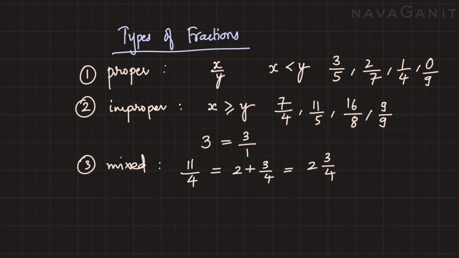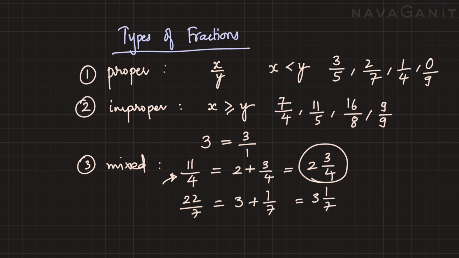So 11 by 4 is the improper fraction and 2 3 by 4 is the mixed fraction. Similarly, say 22 by 7. 22 by 7 is 3 plus 1 by 7. That is 3 1 by 7. So in general, an improper fraction equals the sum of an integer and a proper fraction.